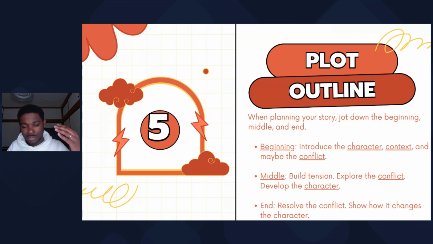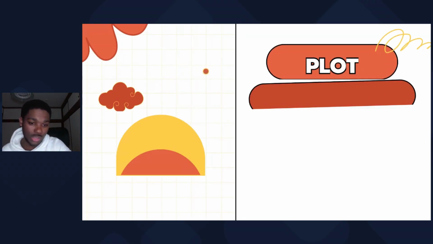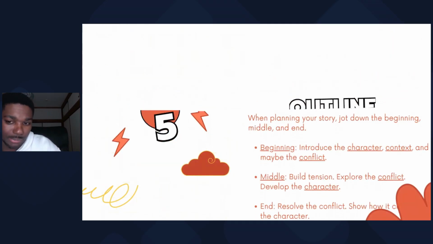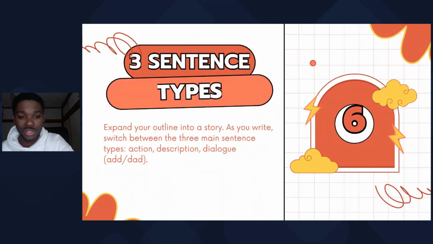And write a quick plan for how you want the story to end. How will the conflict be resolved? How will the character have been changed at the end of the journey? So you need to do 2 different pieces of planning before you write a story: the 4 C's and the plot outline. All right, next tip for story writing: you need to master the 3 sentence types.